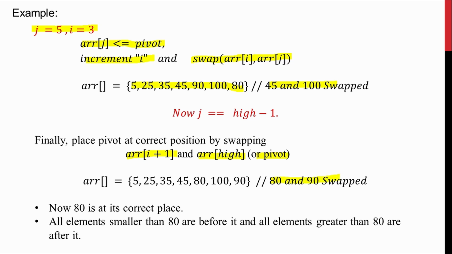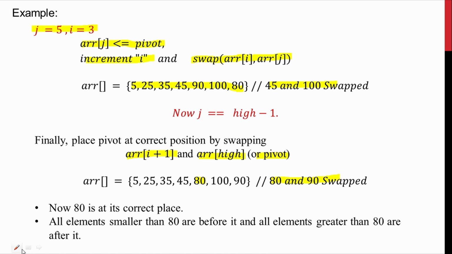So after this, 80 is at its correct position. Hence after the first pass, pivot 80 will be set at its position with all the elements smaller than it on its left and all the elements larger than it on its right.